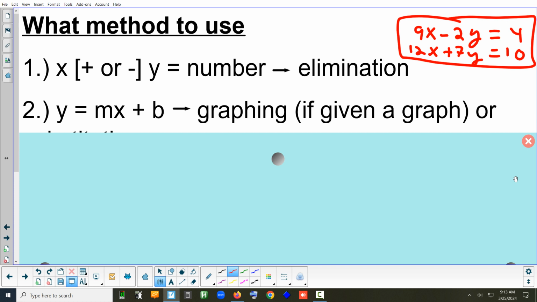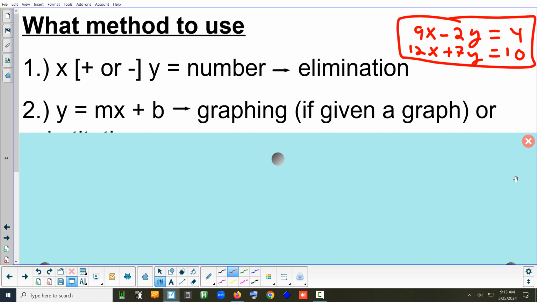All right. What if it's already in y equals mx plus b? Well, if it's in y equals mx plus b, you have two options. When you're doing substitution, you want to get a letter by itself. And when you're graphing, you also want to get y by itself. So if they give you graph paper, or they give you a grid, then you know they want you to graph.